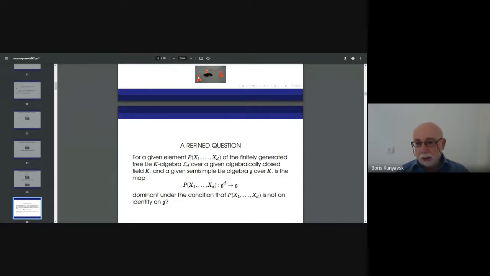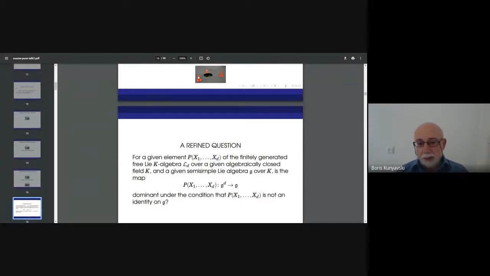What about the free Lie algebra? The same principle. You start with d variables x1 and so on up to xd, and you allow yourself expressions which appear after applying Lie algebra operations: taking Lie brackets of any of x1, ..., xd, multiplication by scalars, elements of k, and addition in k.